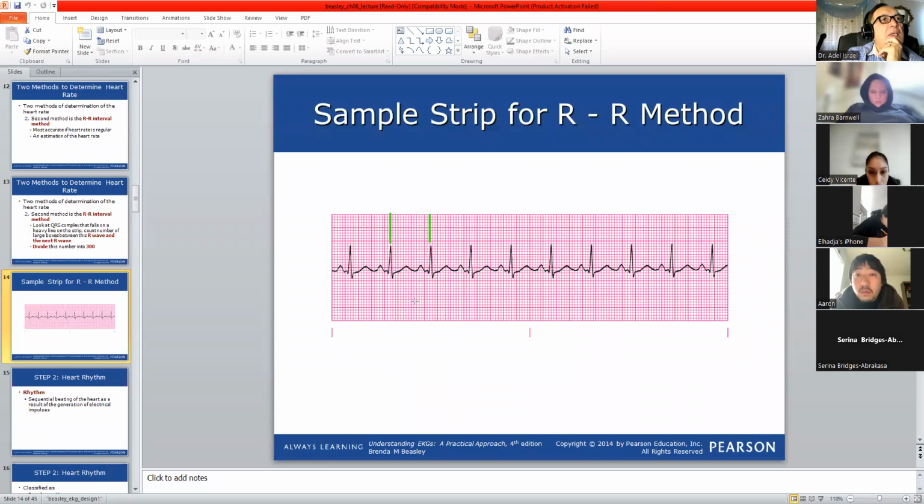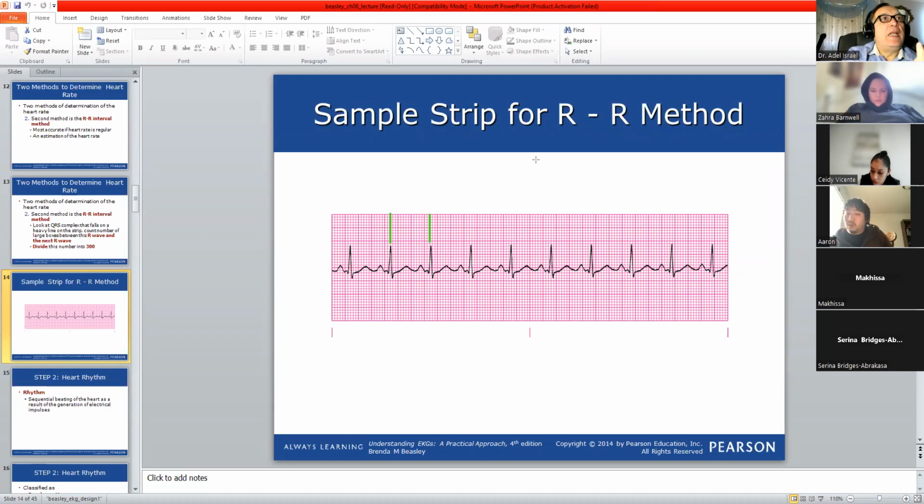It looks like here 1 and 2, and this is half, and this is half. So almost 3 big squares. Very good. So what should I do? I divide 300 by 3, and I will get 100, like what Zahra got.